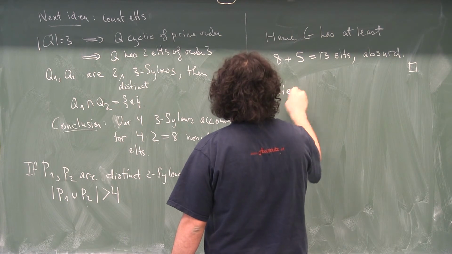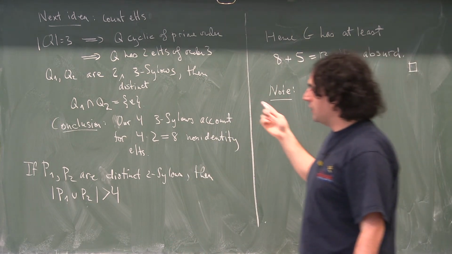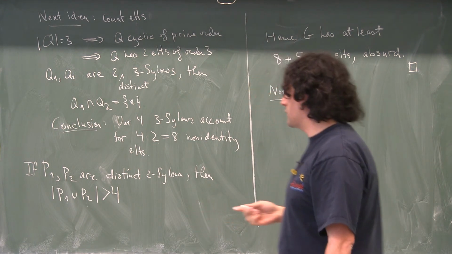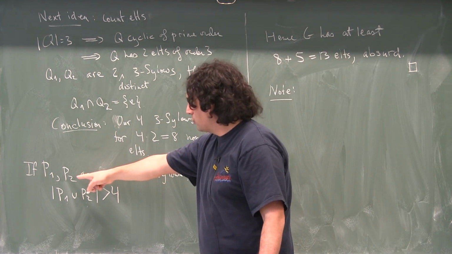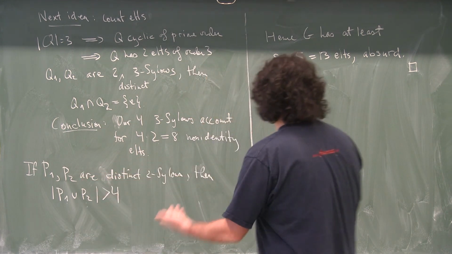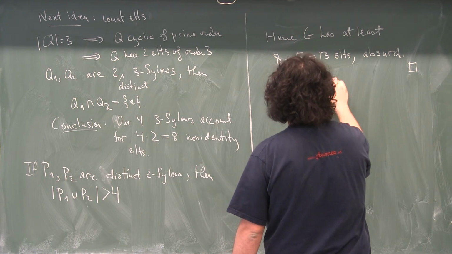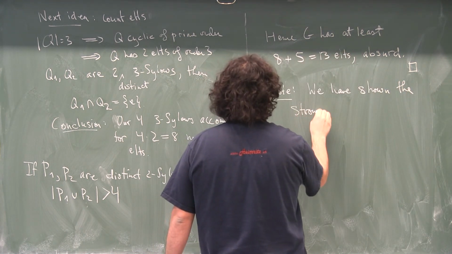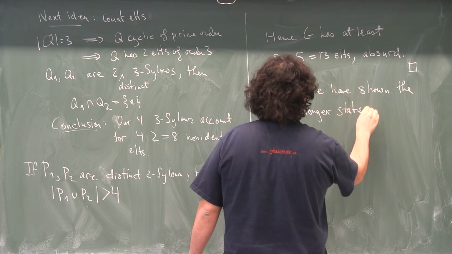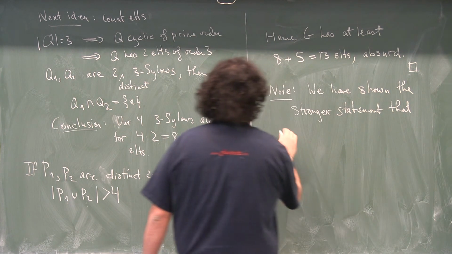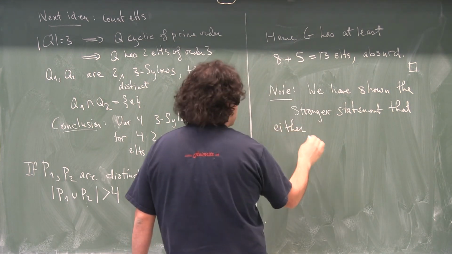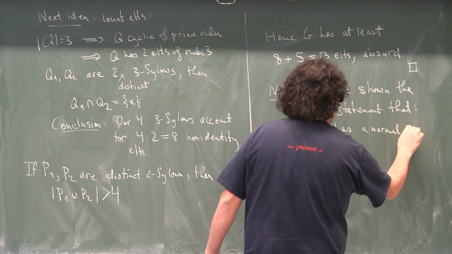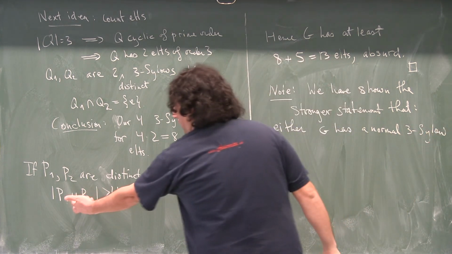Note that what we really showed here was that if the 3-Sylow was not normal, then we have 4 3-Sylows, and that forced us to conclude that we could not have 2 distinct 2-Sylows. So we have shown the stronger statement that either G has a normal 3-Sylow, or if not, we cannot have these distinct P1 and P2.